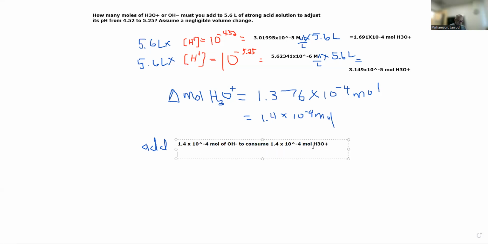According to the reaction, H3O plus plus OH minus gives 2H2O.